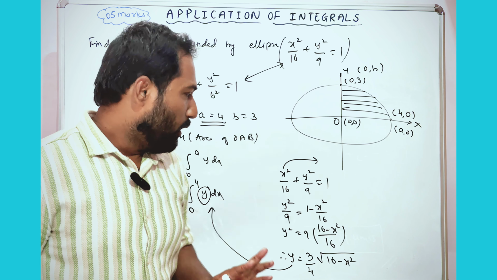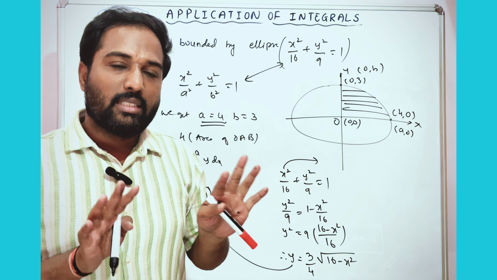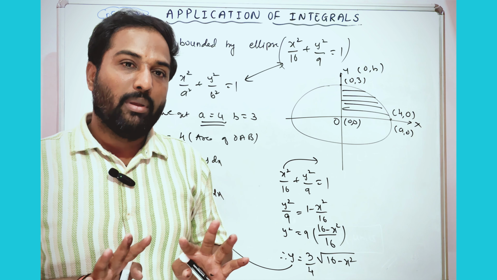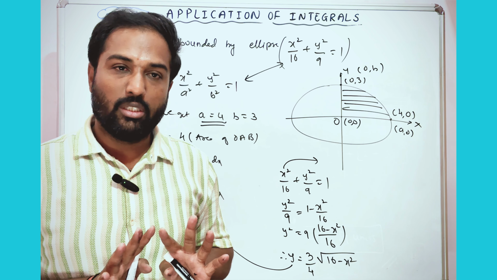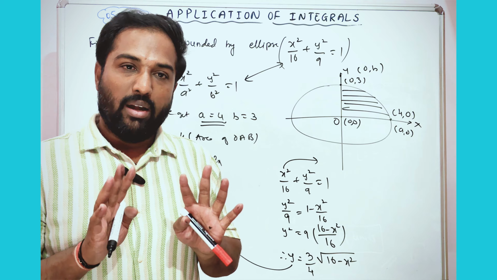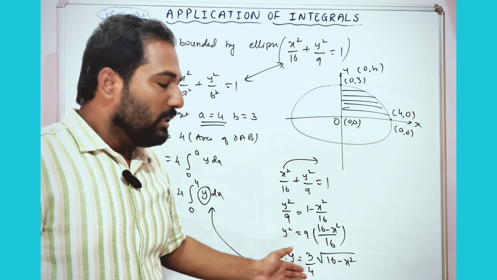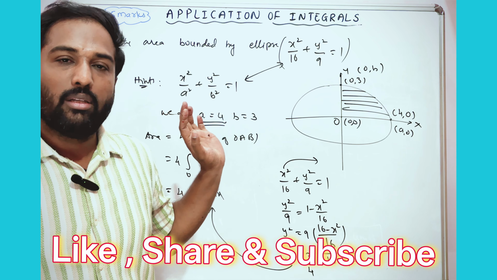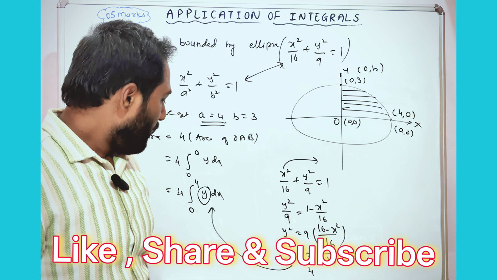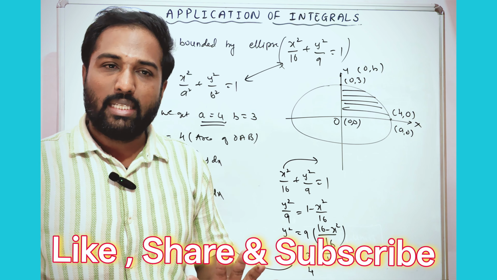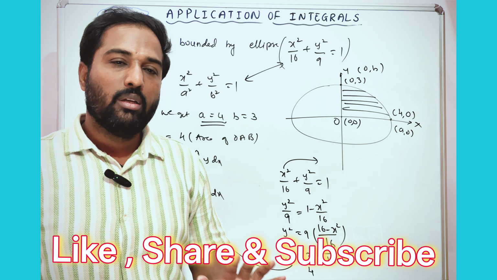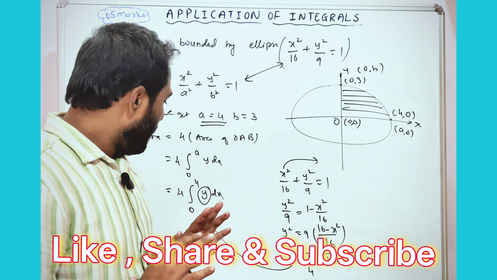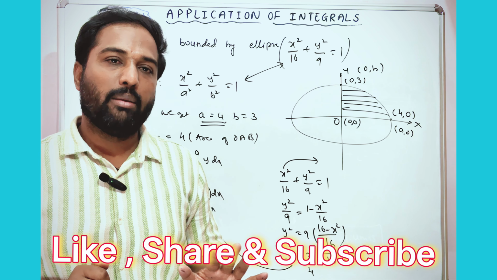I hope you understood these problems, and this is very important. Practice them, you will compulsorily find a question in your examination. If you find anything, I want you to comment your answer for this fourth example. I hope this concept is very easy and clear to all of you, and I wish you all the best. Please share, subscribe and like. Thank you.